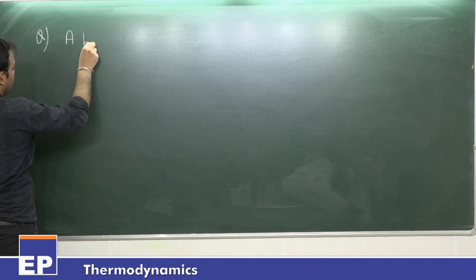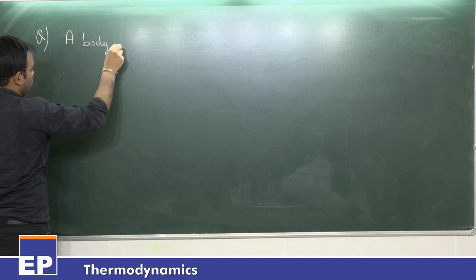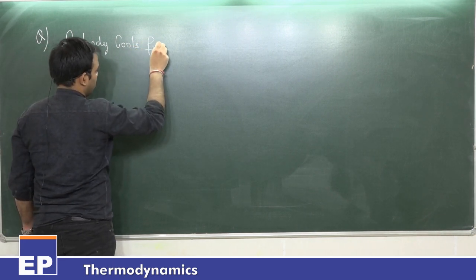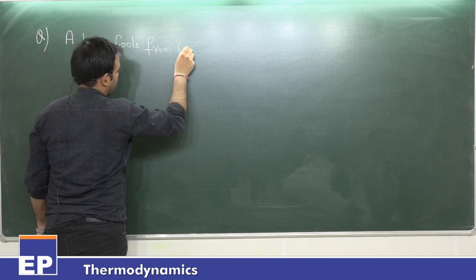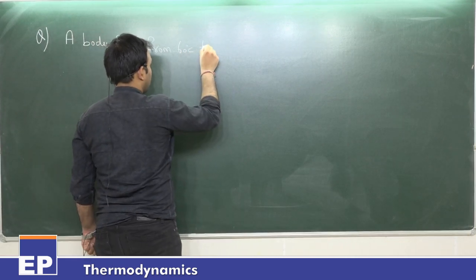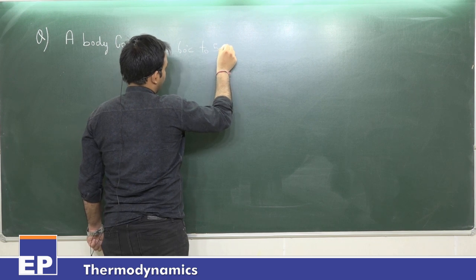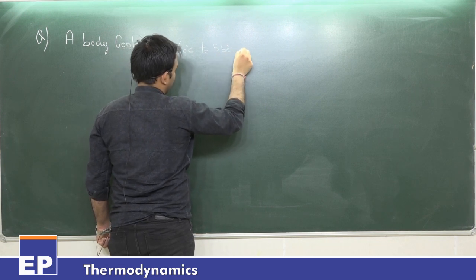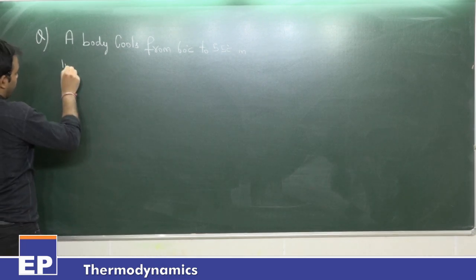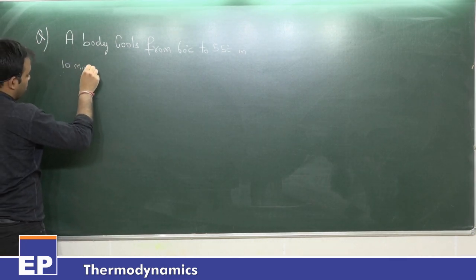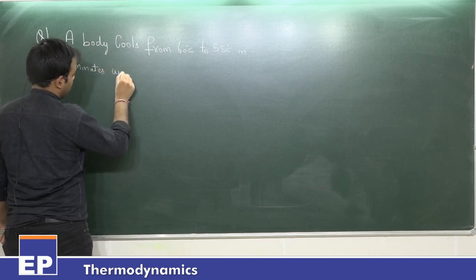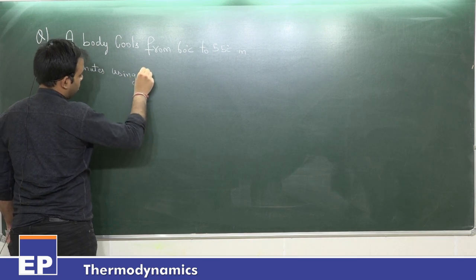A body cools from 60 degrees Celsius to 55 degrees Celsius in 10 minutes.